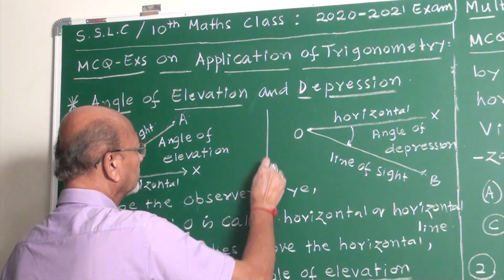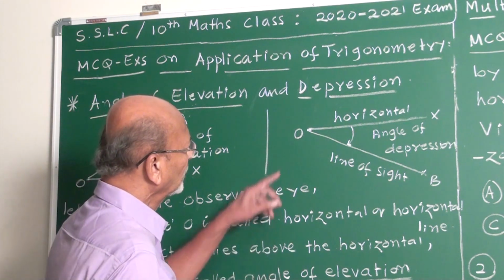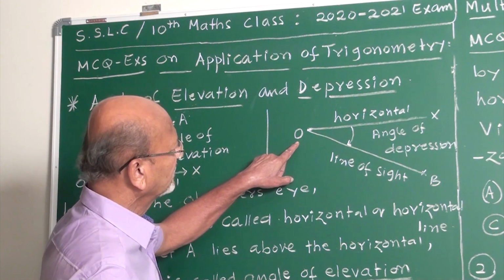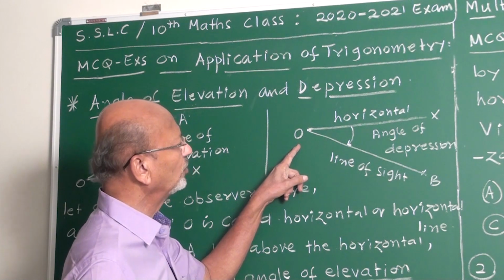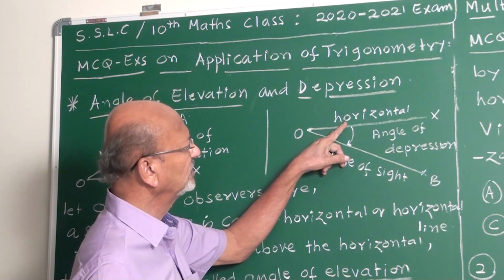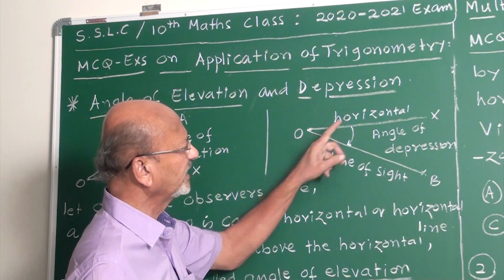Second, my friends, here. Let O be the observer's eye. Then a straight line OX through O is known as the horizontal line.